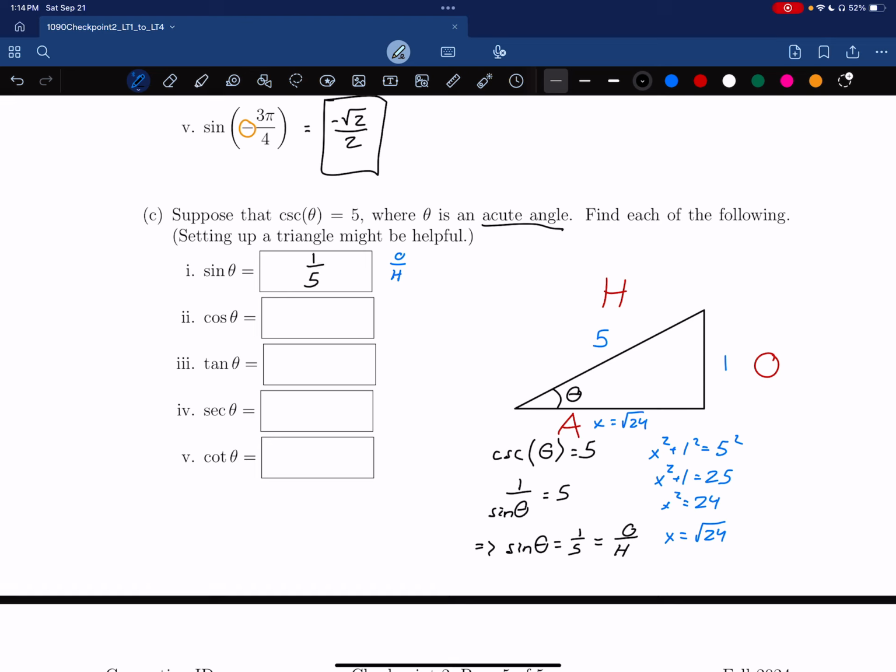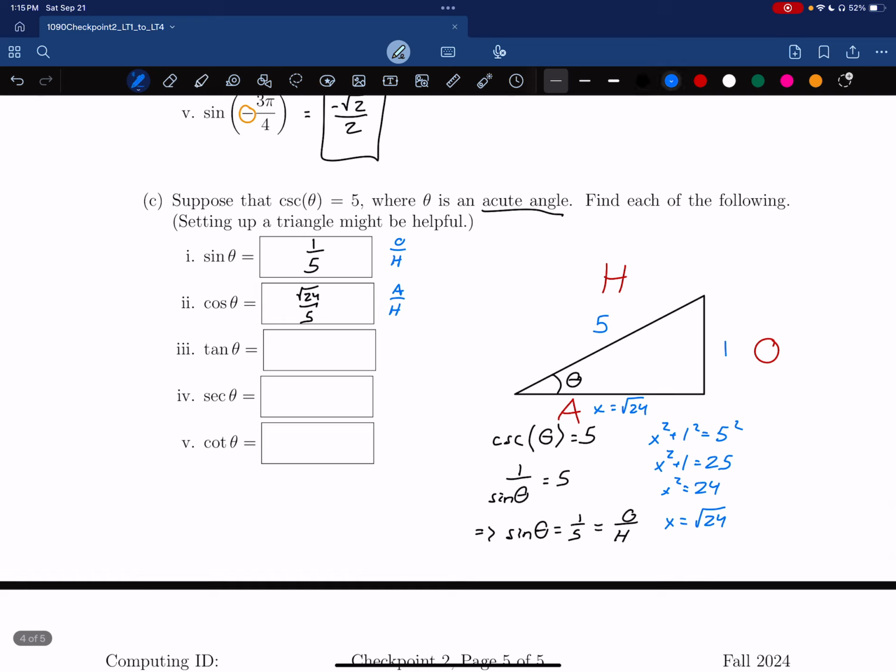And then cosine of theta is equal to the adjacent over the hypotenuse. So we will have the square root of 24 over 5. Tangent of theta is equal to the opposite over the adjacent. So we will have 1 over the square root of 24. For questions like this, you don't need to worry about rationalizing a denominator.